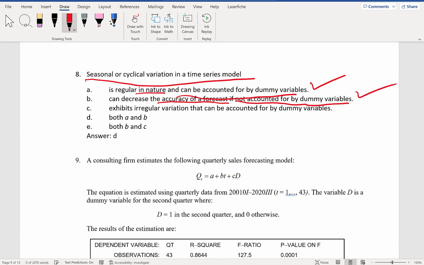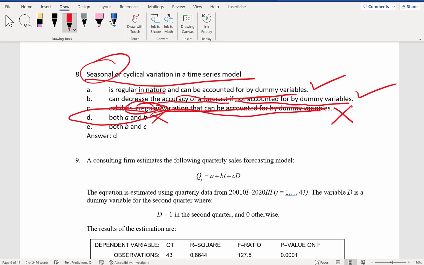True. You need to account for seasonal variations. Exhibits irregular variation that can be accounted for by dummy variables. Calling it irregular is not really technical. It's not right, so this is wrong. So A and B, D is the correct answer.